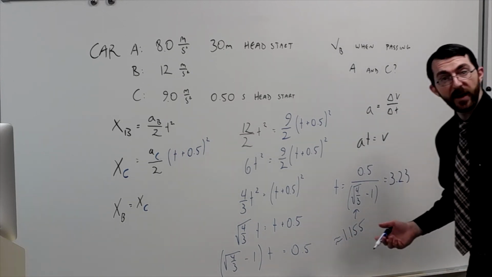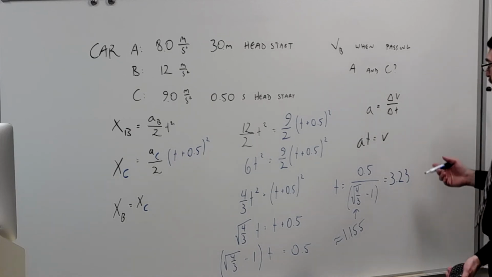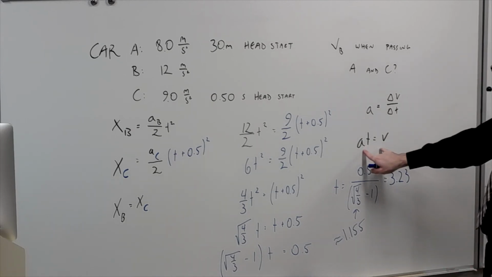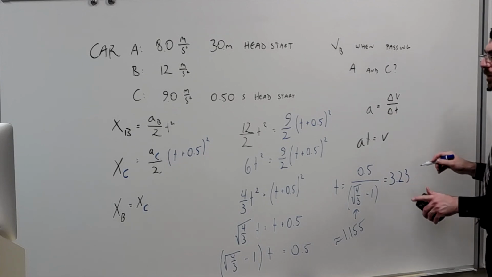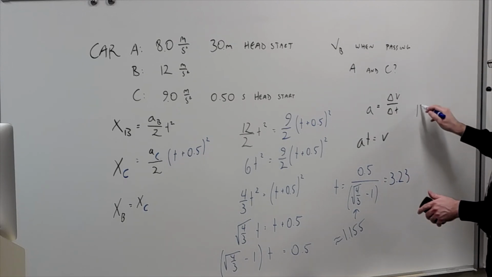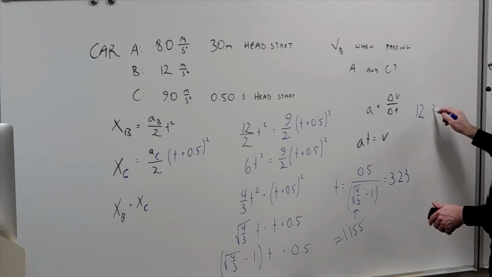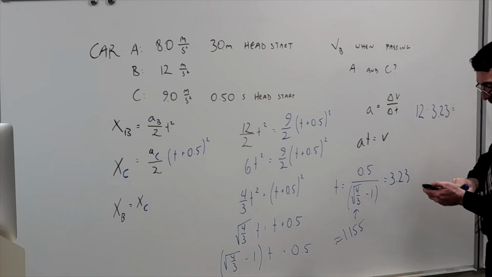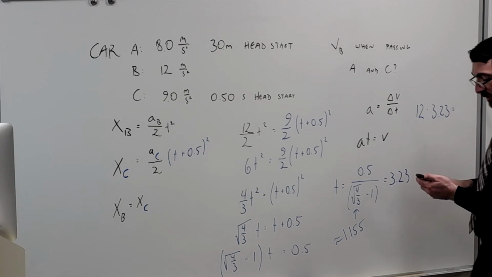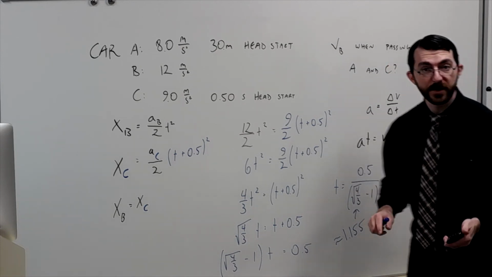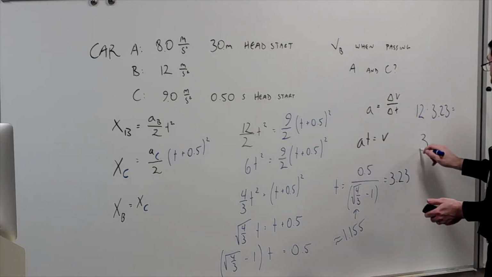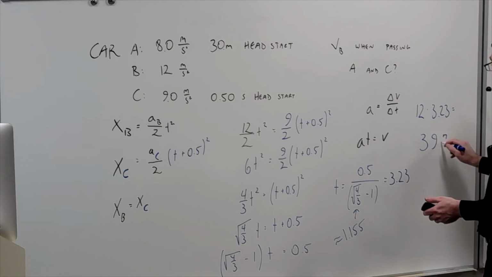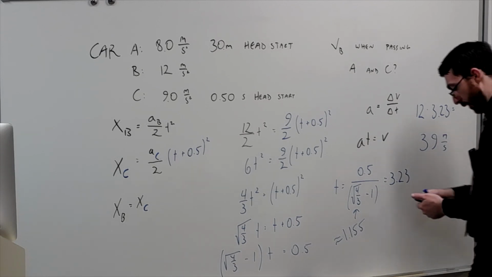So let's see how fast it was going at the time. Plugging that in here. The acceleration of car B still 12. The time now 3.23. Two significant digits, it's 39 meters per second. Okay.